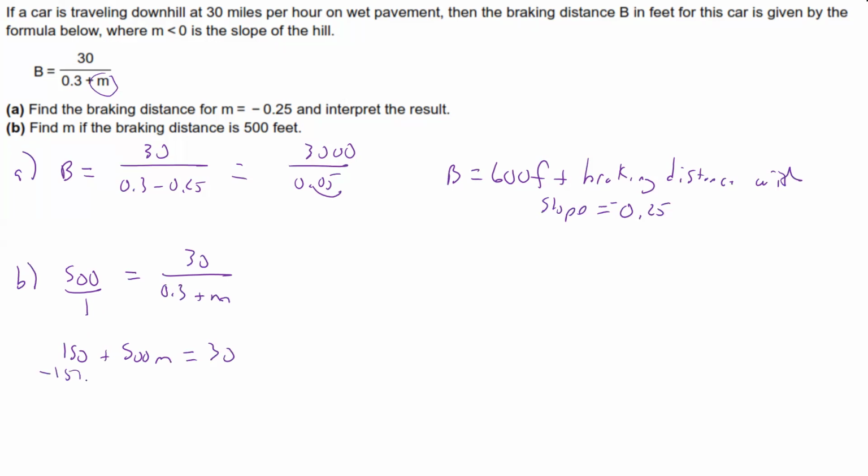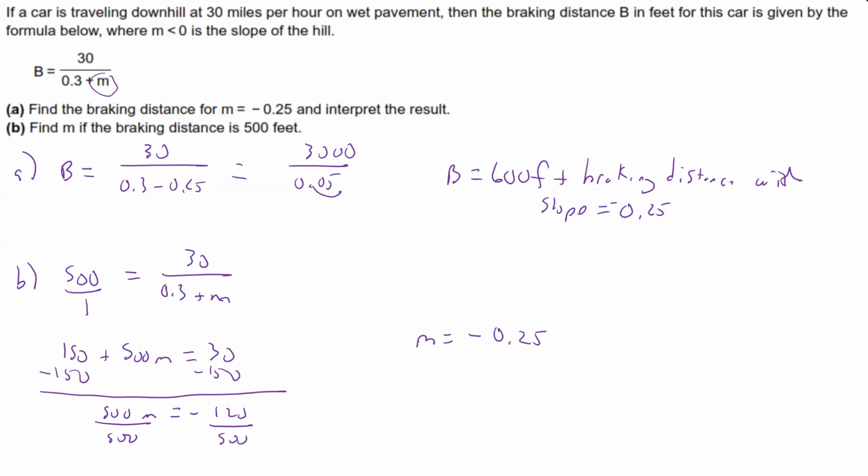Now we subtract 150, and so 500m is equal to negative 120. So m equals negative 120 divided by 500, which is negative 0.24.